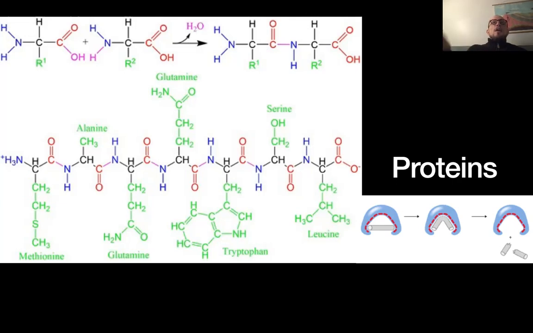And the longer you make that chain, the closer you get to what we describe as proteins. On the bottom left, you see a chain that has 7 amino acids together, forming the basis of a protein. Now, sometimes these chains can go on for dozens or even hundreds of amino acids linked together.